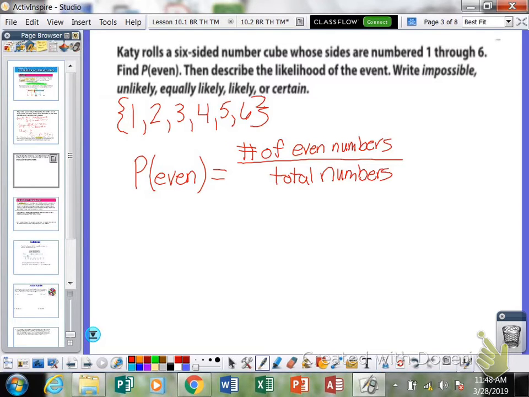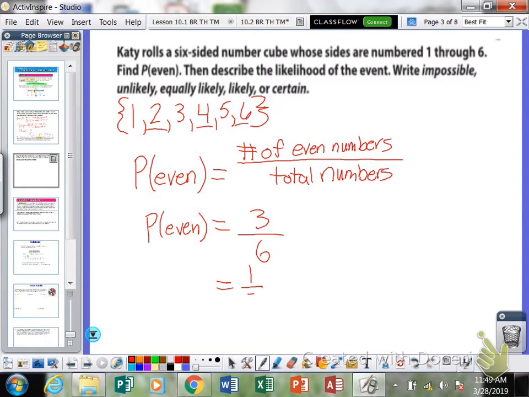Okay, so there's 3 even numbers on the die, 2, 4, and 6. And a total number of 6 numbers on our die. So let's plug those numbers into our ratio. So the number of even numbers, there's 3 of them, 2, 4, and 6, all over 6. Those are the total numbers on the die.